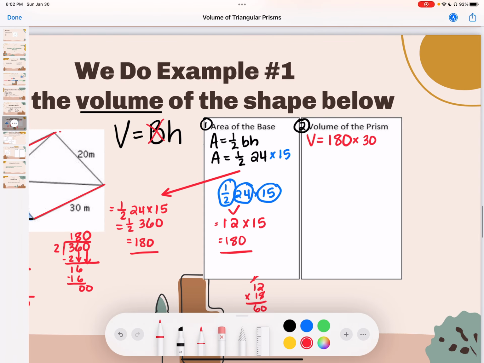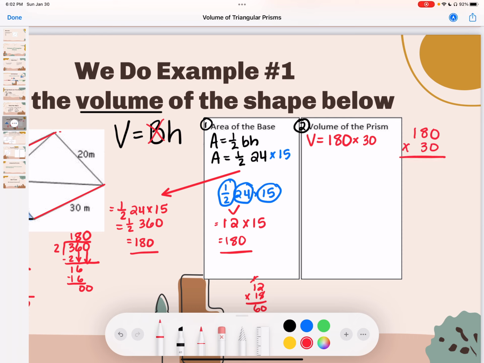And I've got to multiply that here. I know that whenever I start with a 0 and I multiply, all of my numbers are going to be 0. So I'm going to go ahead and skip that part and move over to my 3.